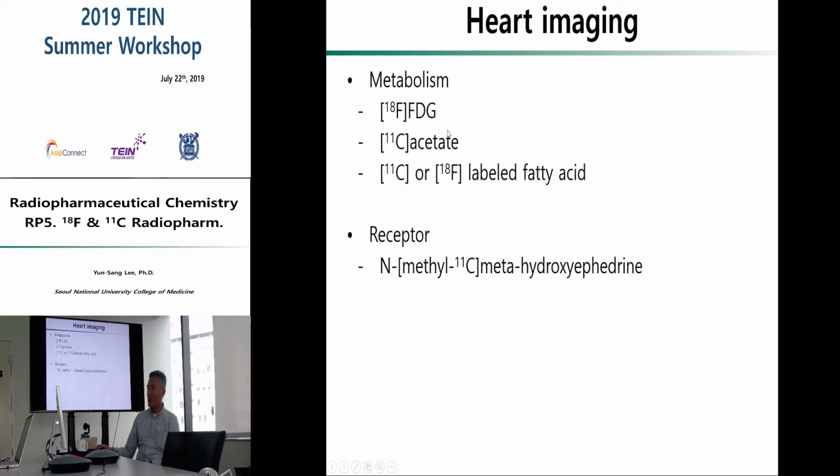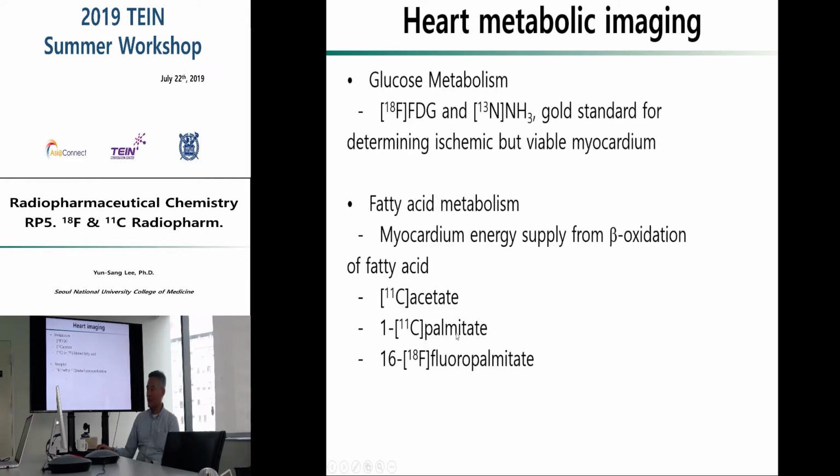And for heart imaging, we can see the metabolism from FDG, acetate, C11, or F18 labeled fatty acid. And sometimes we can directly image the receptor in the heart.